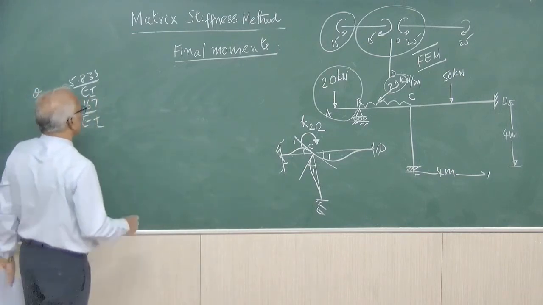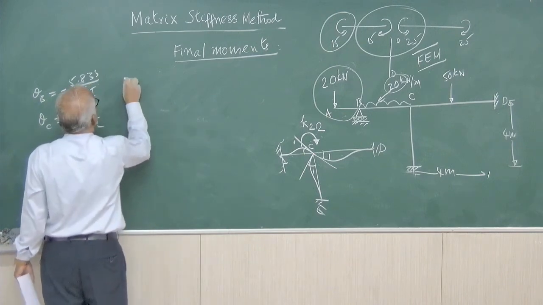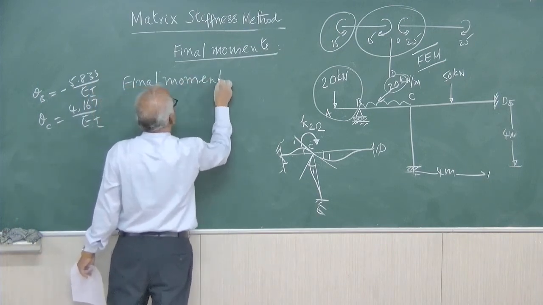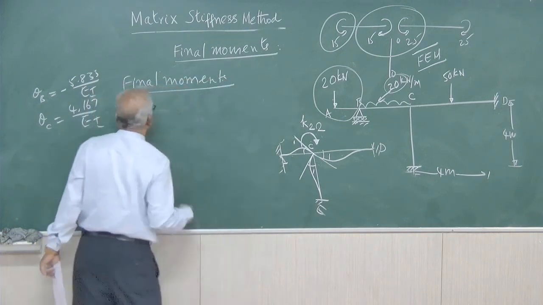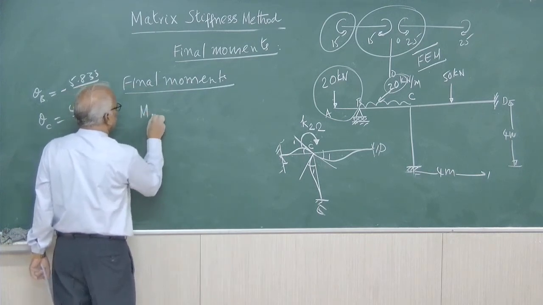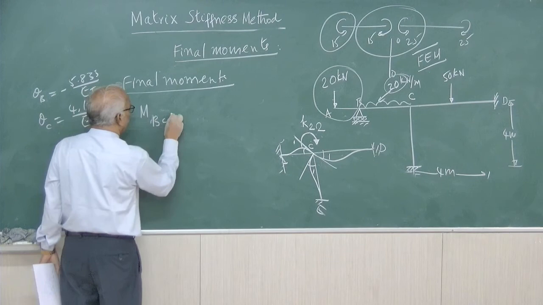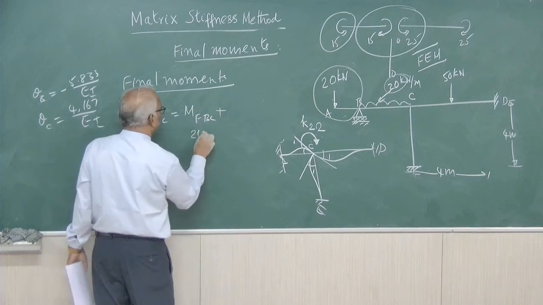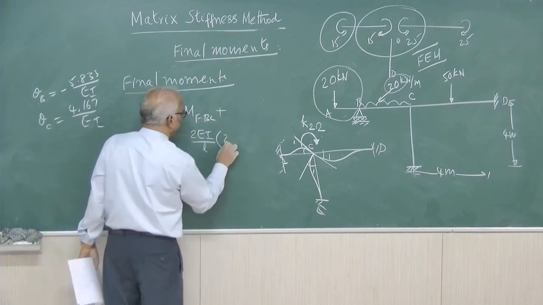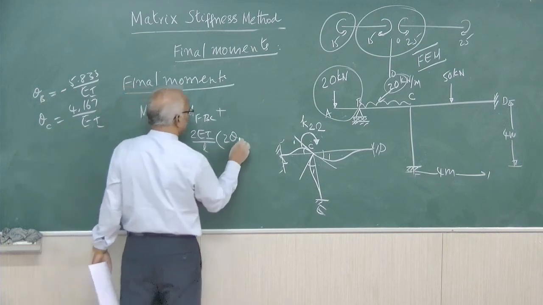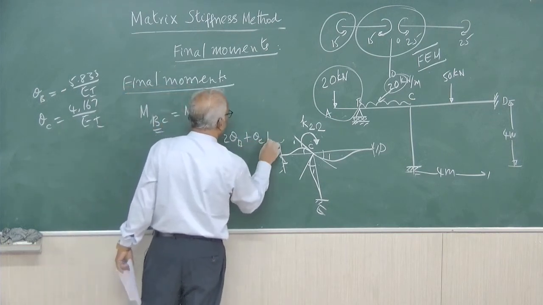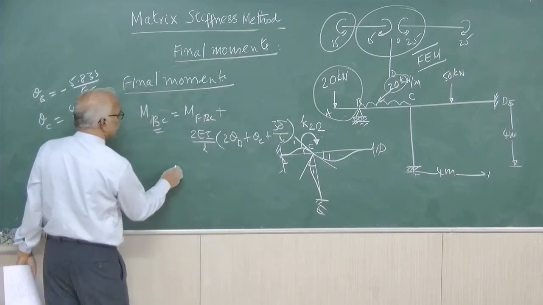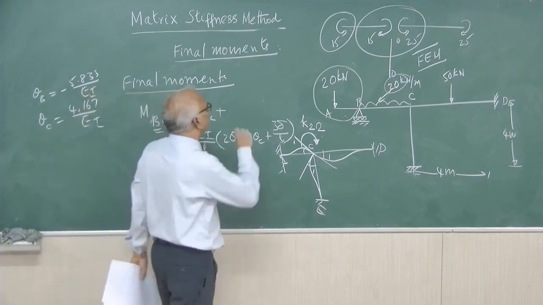So, using the slope deflection equations, we can get the final moments. One value I will just write, MBC equals MFBC plus 2EI by L into 2 theta B plus theta C plus 3 delta by L. So, MFBC we know it is minus 15.